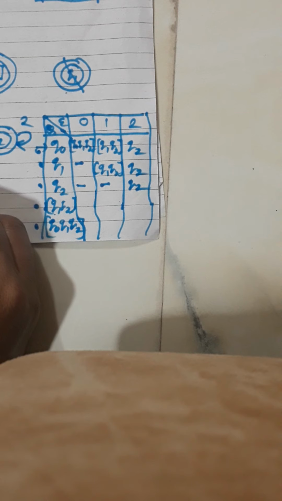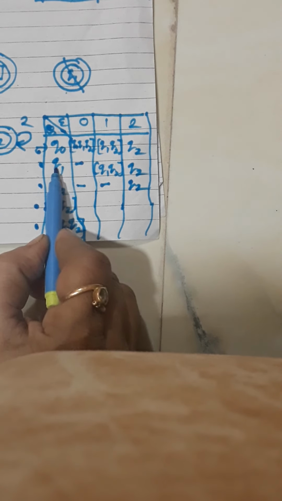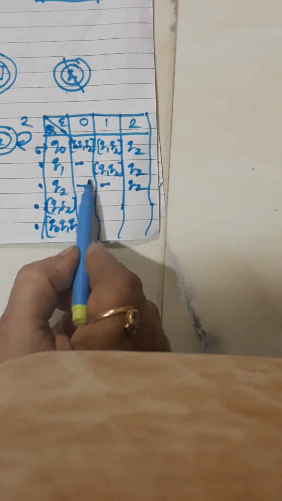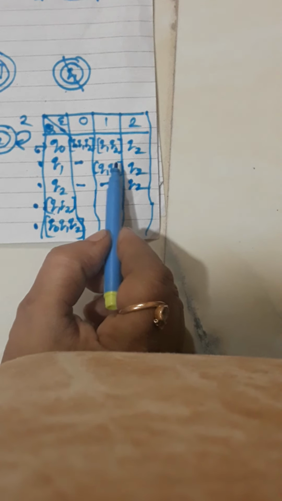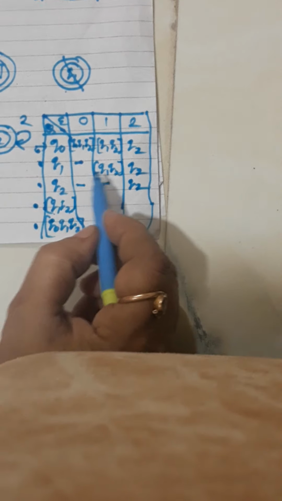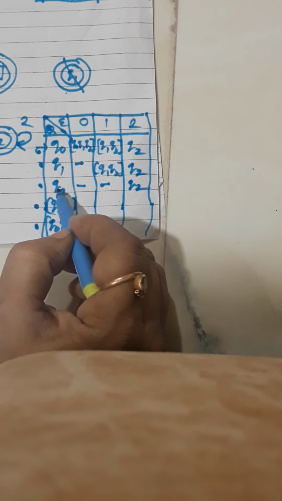Next, we have not yet considered Q1, Q2, so we need an entry for it. Q1, Q2 on 0 is the union of the two, so it goes nowhere. Q1, Q2 on 1 moves to the union, so there is a self loop on 1. And Q1, Q2 on 2 moves to Q2.